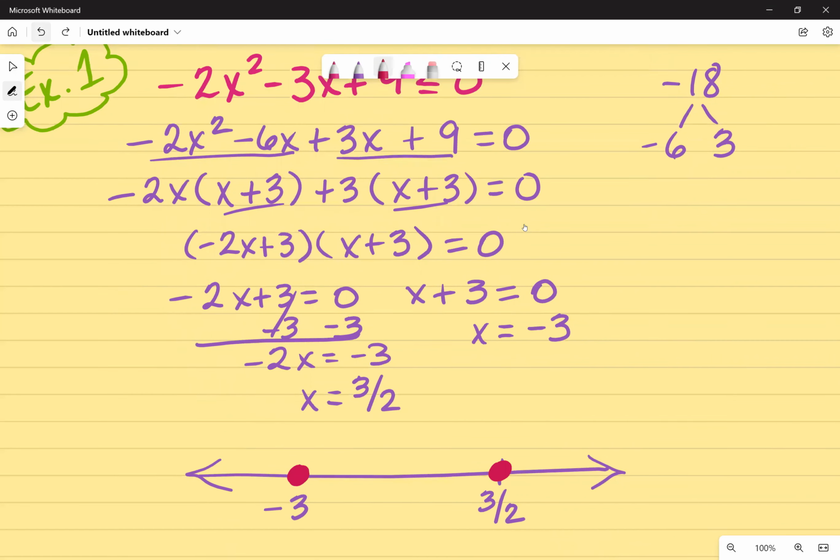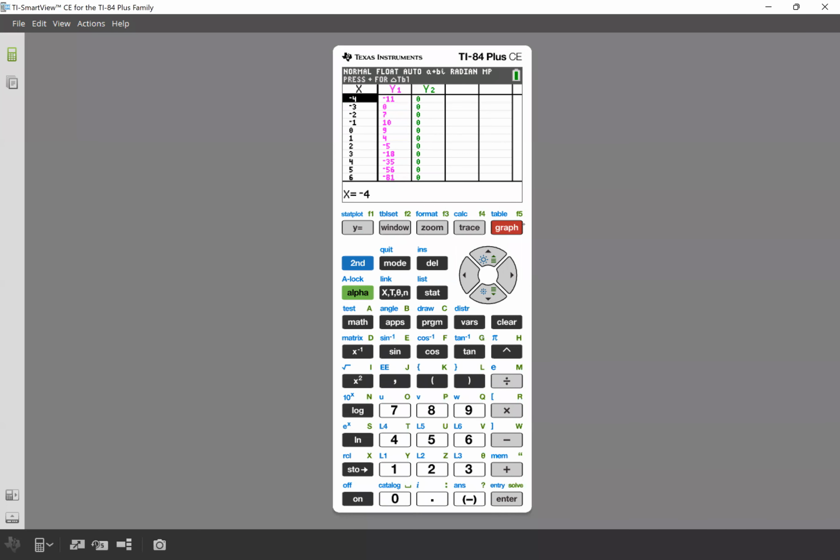So what I want to look for is any number that comes before -3. So let's just say -4. I go to my calculator and it says -11 and 0. What I am looking for is, is that statement true?